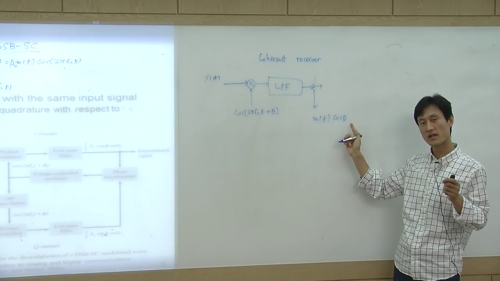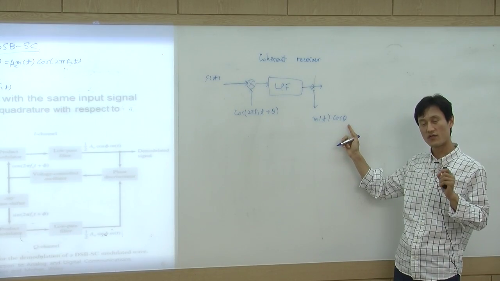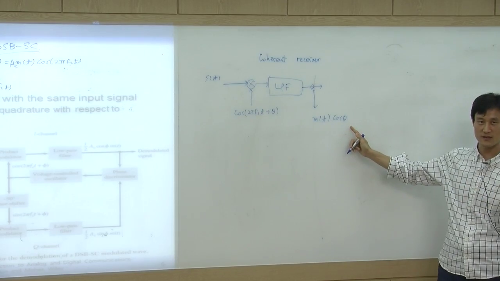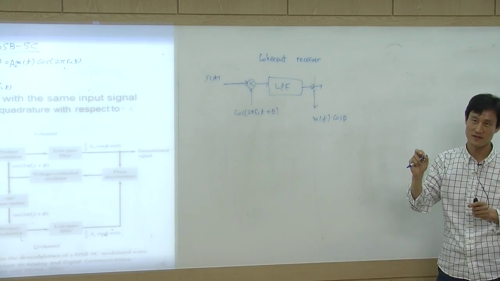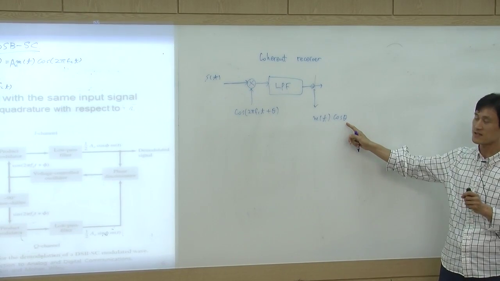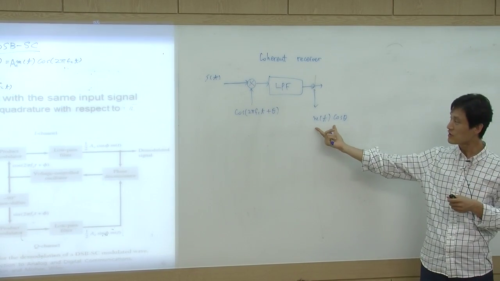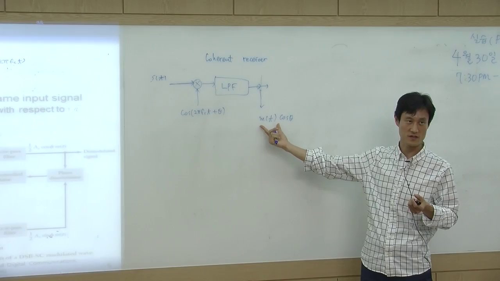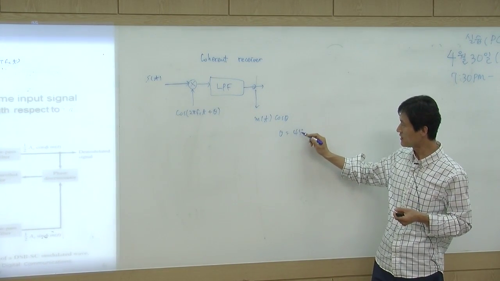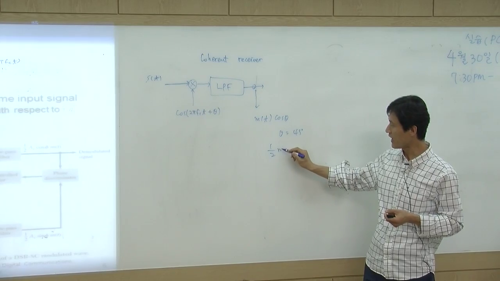So if theta is, unfortunately, so unlucky that theta is 90 degrees, you get nothing. If you are so lucky that theta is 0, then you get m(t), the perfect signal. But if your theta is 45 degrees, then you're going to get only half of this.